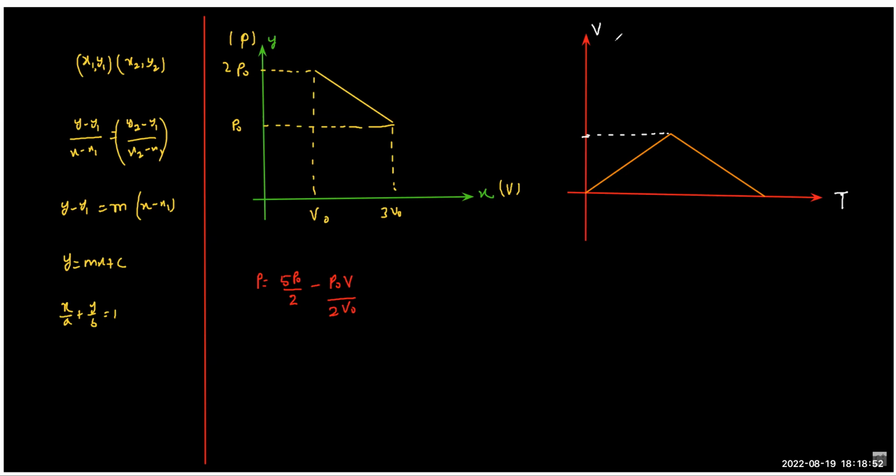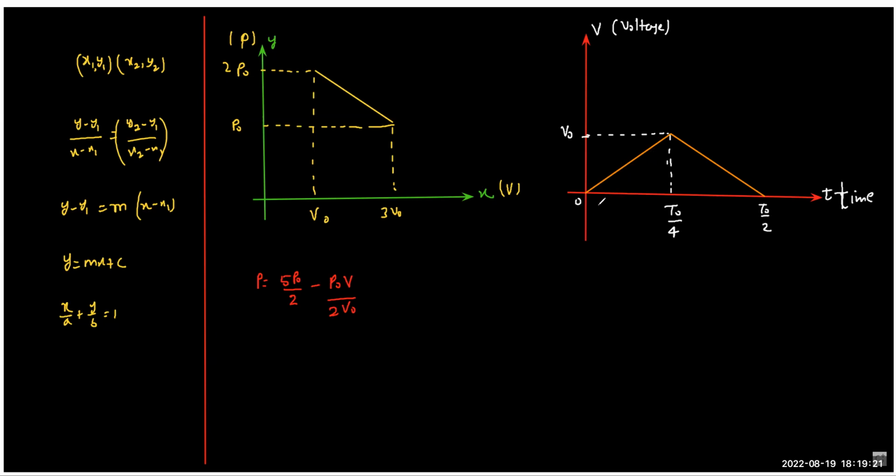It's called voltage versus time. So there are two lines, as you can see.